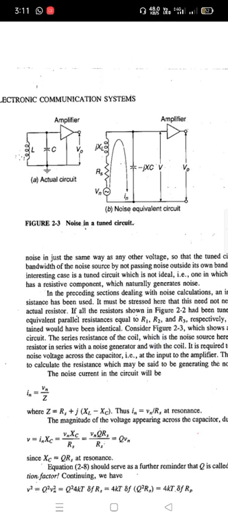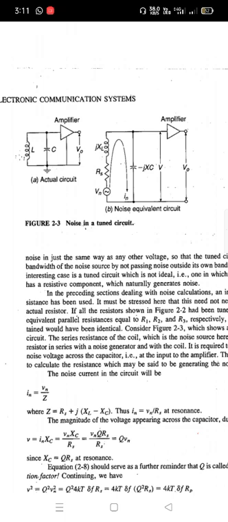See here, these are the two circuits: the actual circuit and the noise equivalent circuit. Inductor is given, capacitor is given, amplifier is our op amp. Now we have replaced the L by Vn, Rs and jXL.